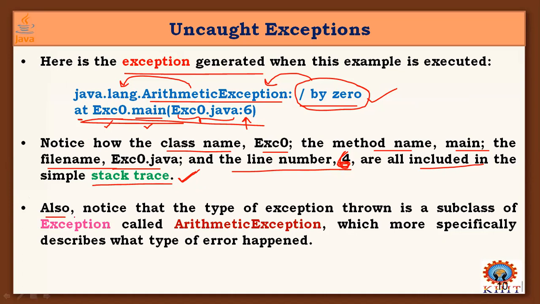Got it? Also notice that the type of exception thrown is a subclass of Exception, called ArithmeticException, which more specifically describes what type of error happened in the program. We'll see this process in the example program by executing it.